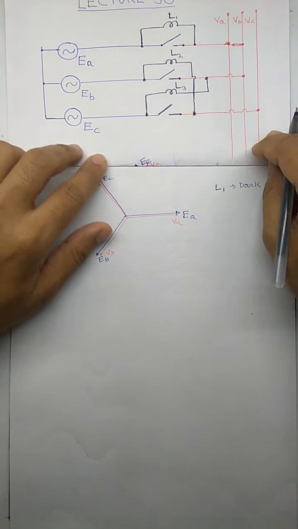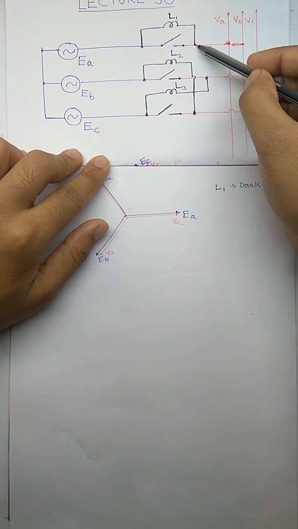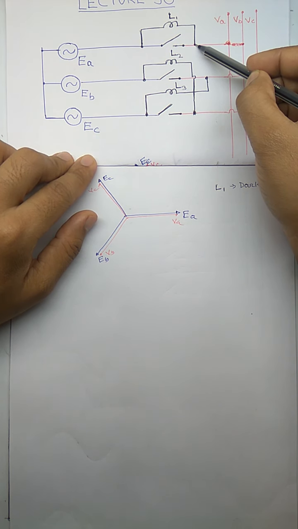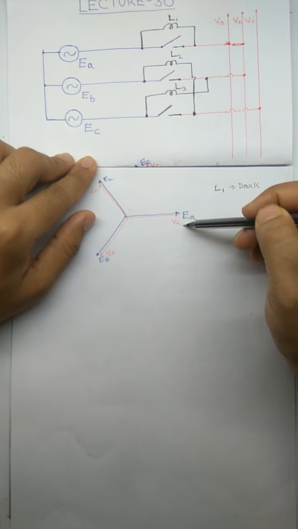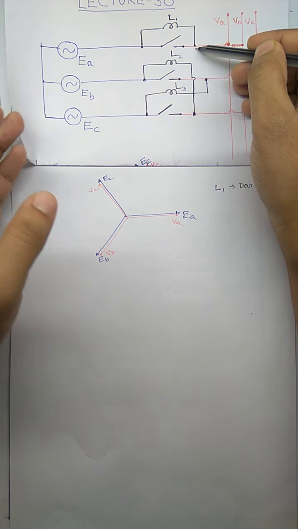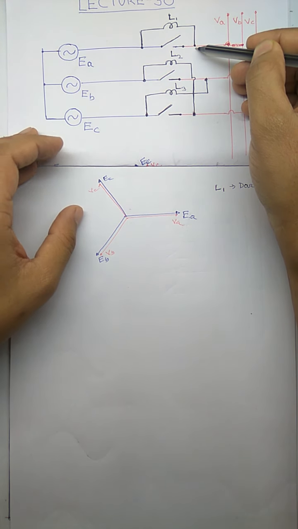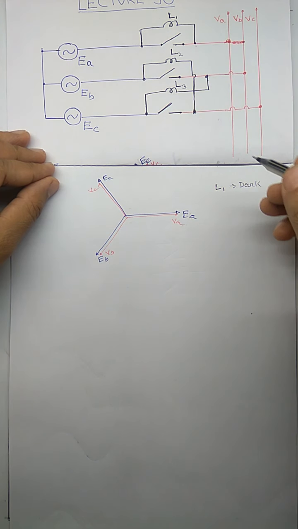Why will it not glow? Because the voltage here and the voltage here are the same in magnitude and in phase. You can see E and V are the same in magnitude and phase. That's why the voltage here and the voltage here will be the same, and as a result this bulb will not glow. What about lamp L2?